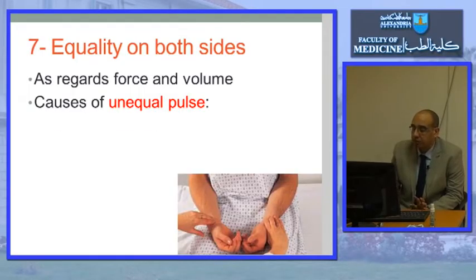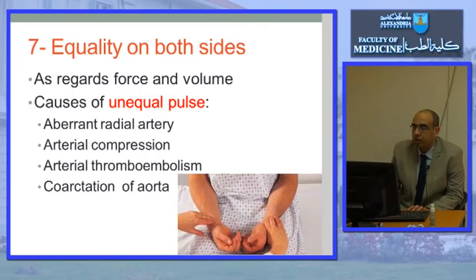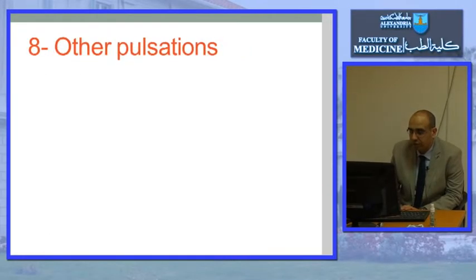If it is unequal, I should think of an aberrant radial artery, meaning it is not at its normal surface anatomy, or arterial compression from the outside, like by a cervical rib or lymph nodes, or arterial thromboembolism obstructing the lumen, or coarctation of the aorta decreasing the blood supply to one side, or aortic aneurysm and aortic dissection.